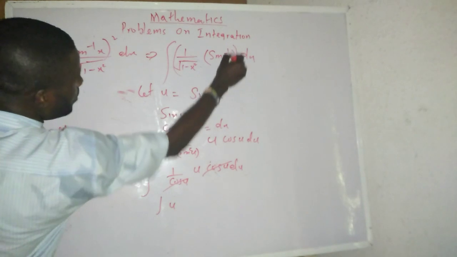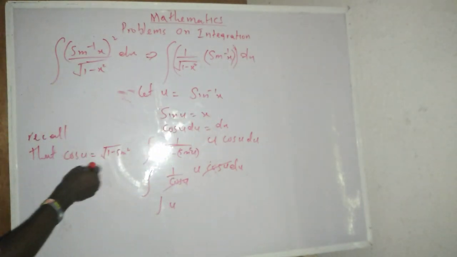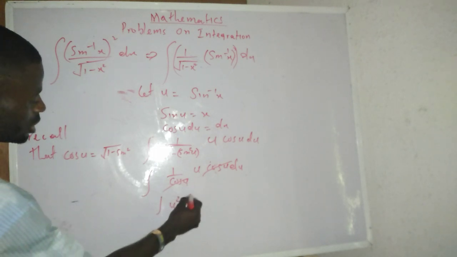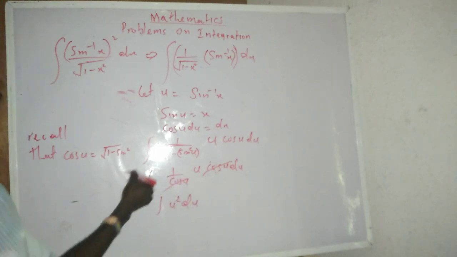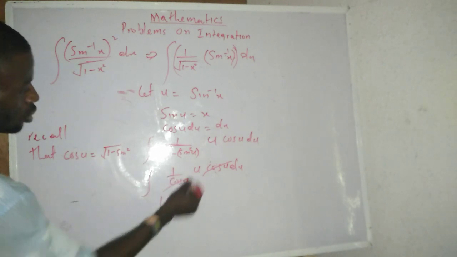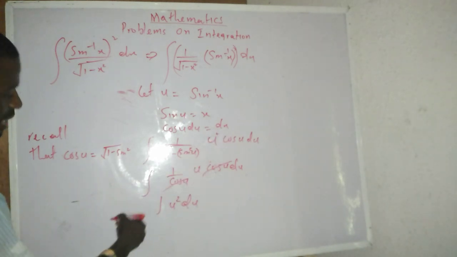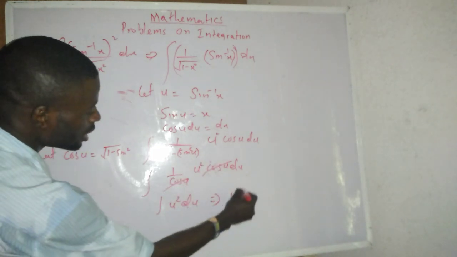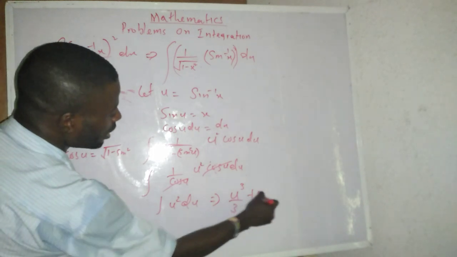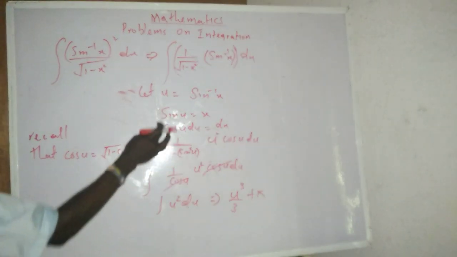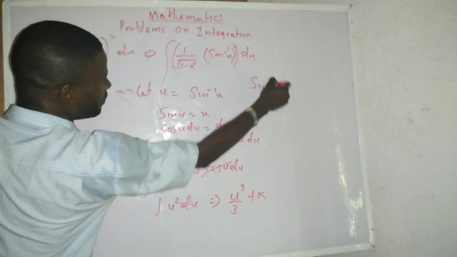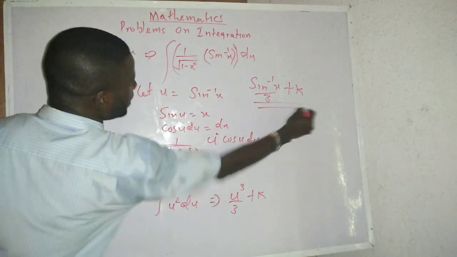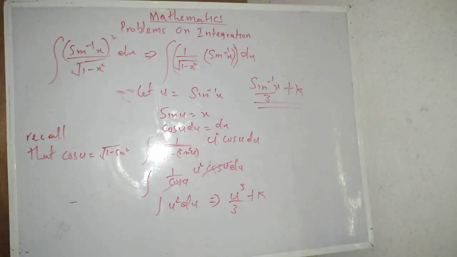Now I have the integral of u squared du, which is u raised to power 3 all over 3 plus k. What is my u? My u is sine inverse of x. So I have sine inverse of x, all raised to power 3, all over 3 plus k. That's my final answer. Now, another problem.